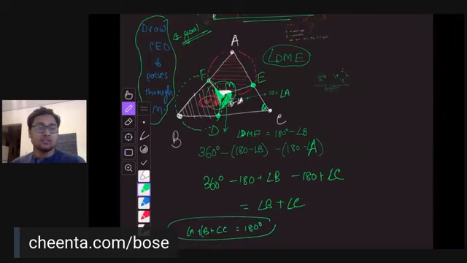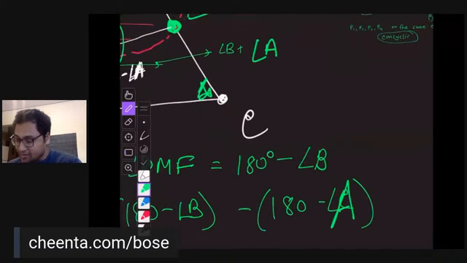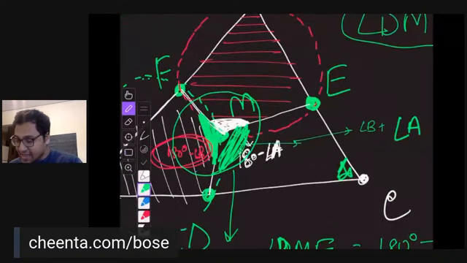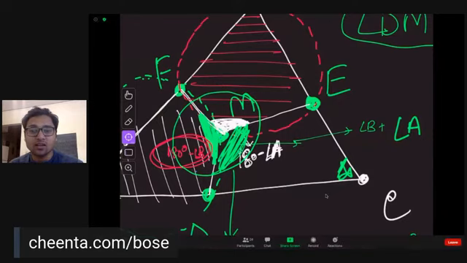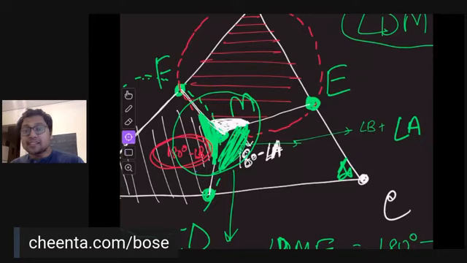And we are done. In this particular quadrilateral, this angle is angle C, this is A plus B. So A plus B plus C is total 180 degree, and we are done, right? So we have proved that CDME is a cyclic quadrilateral indeed.